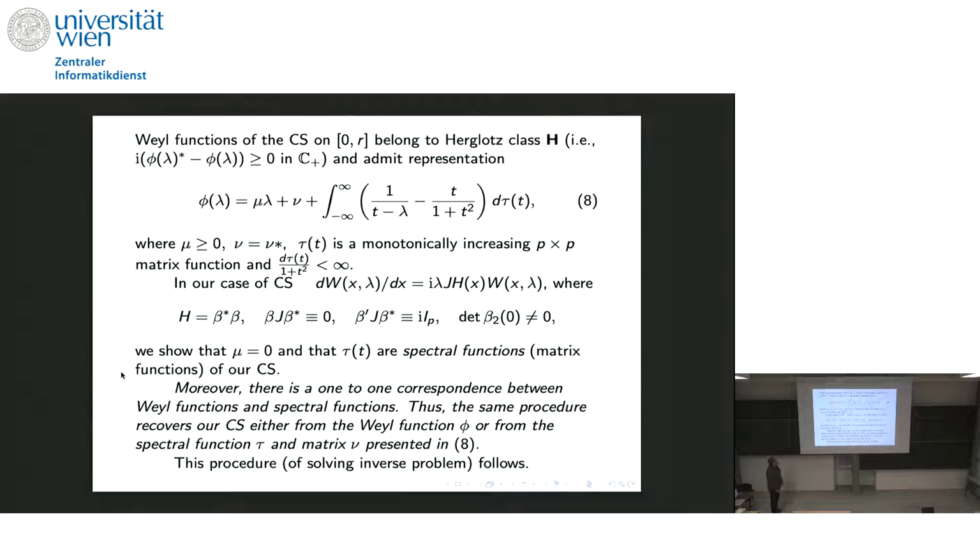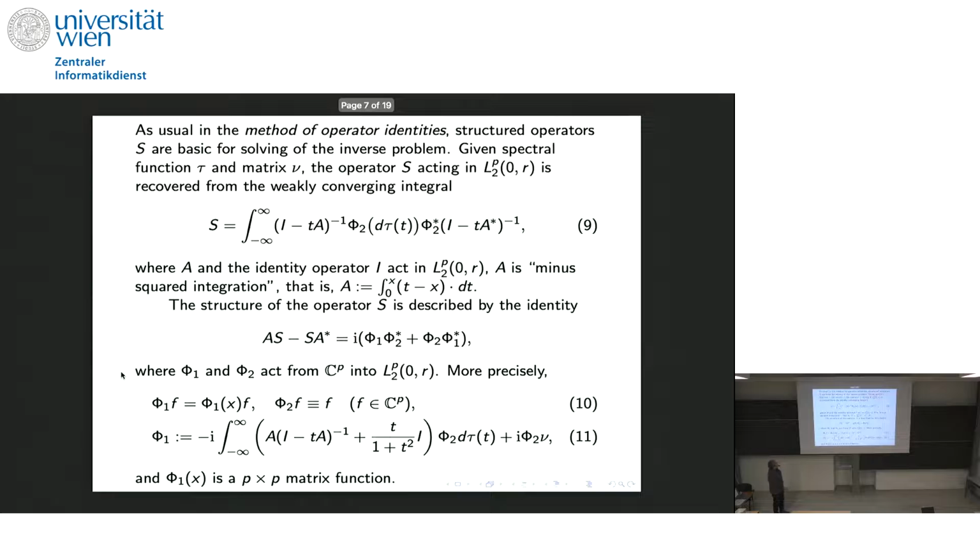Moreover, there is a one-to-one correspondence between Weyl function and spectral functions, and the same procedure recovers our canonical system either from the Weyl function phi or from the spectral function tau and matrix nu given in 8. And now we give this procedure.